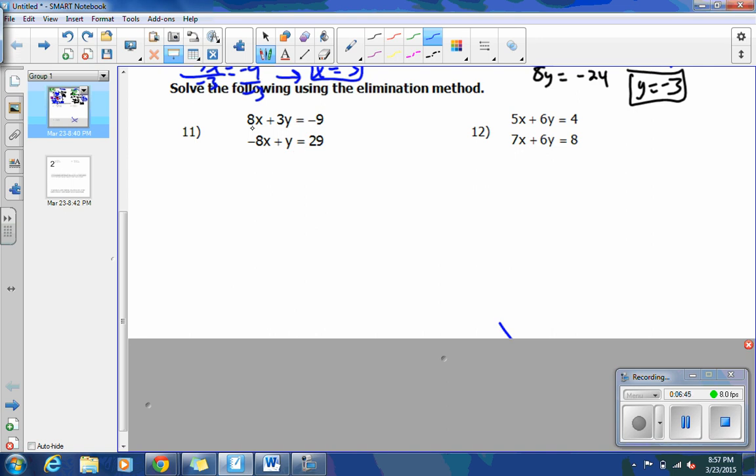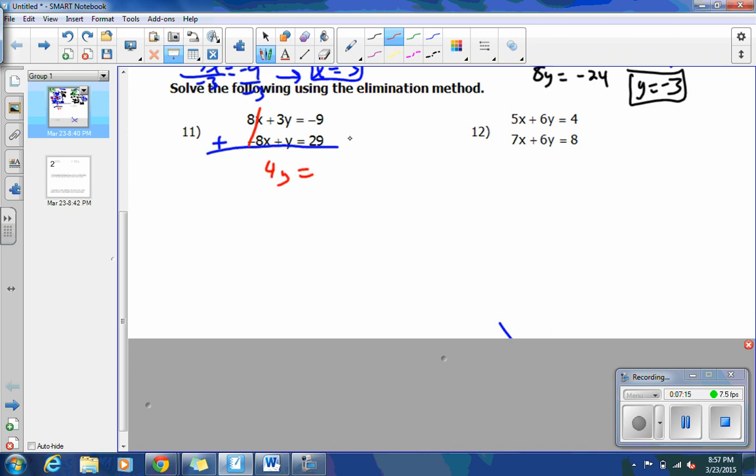But look at the coefficients of x. You can look at the coefficients of both variables, but the coefficients of x for these two equations are just opposites. And we know when you add opposites, they cancel each other out. 8x plus a negative 8x is just 0. So that cancels these out. And you're left with 3y plus y is 4y.